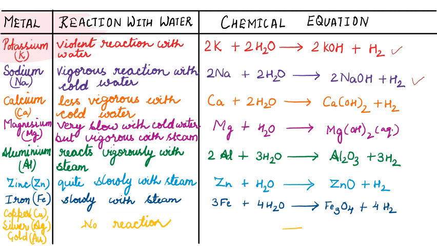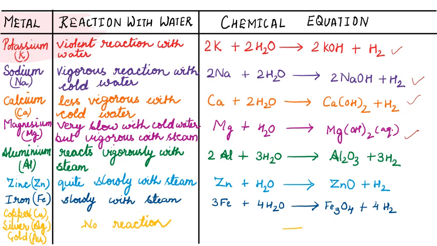And the hydrogen gas which is released catches fire. Calcium reacts in a less vigorous manner with cold water and forms calcium hydroxide. Then magnesium, it is very slow with cold water but shows a vigorous reaction with steam and forms magnesium hydroxide.